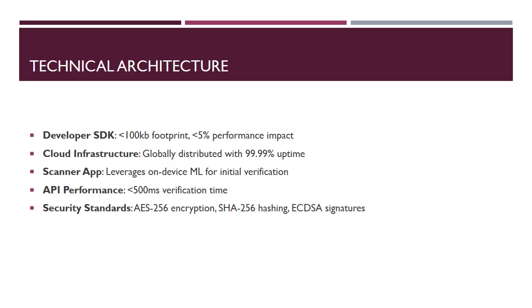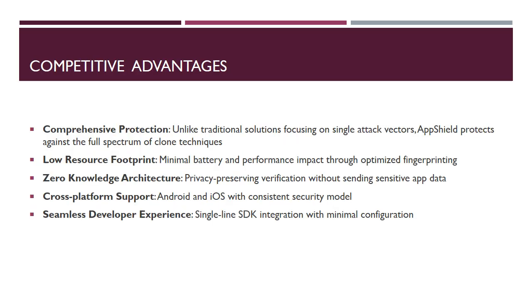The cloud infrastructure will be chosen to have more than 99.99% uptime, and the scanner app will be ML-boosted, and the API performance will be less than 15 milliseconds for a single verification. The competitive advantages include comprehensive protection, low resource footprint, zero-knowledge architecture, cross-platform support, and a seamless developer experience.